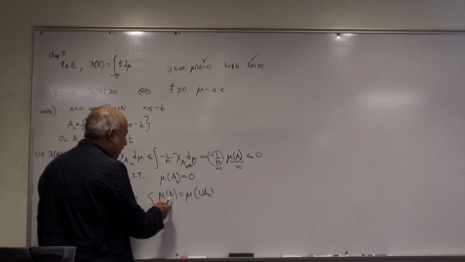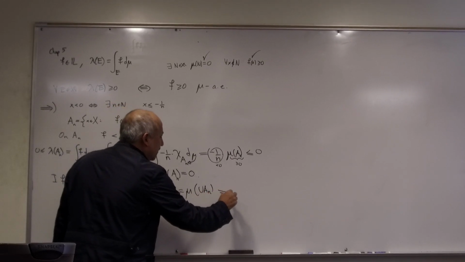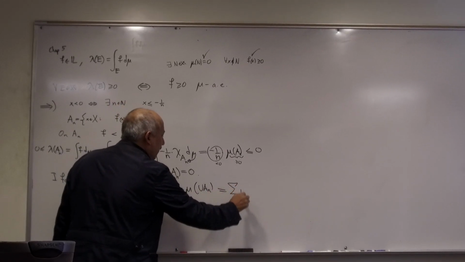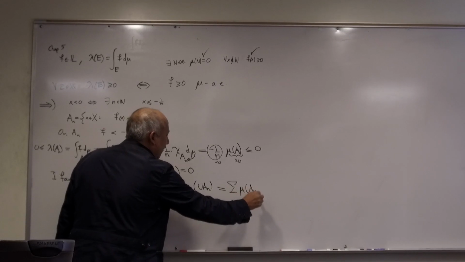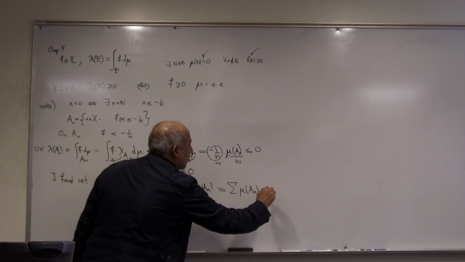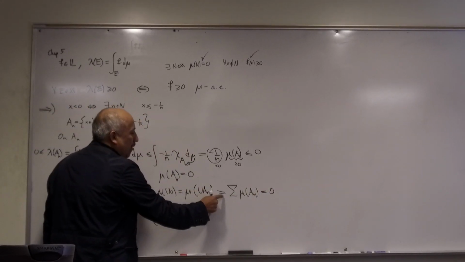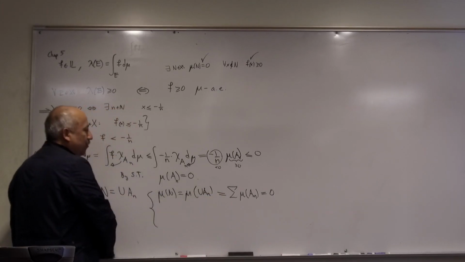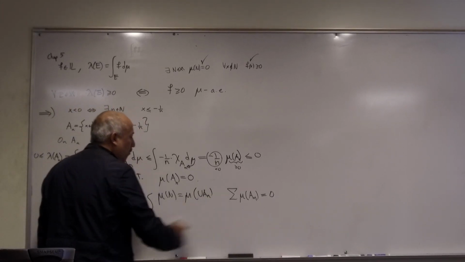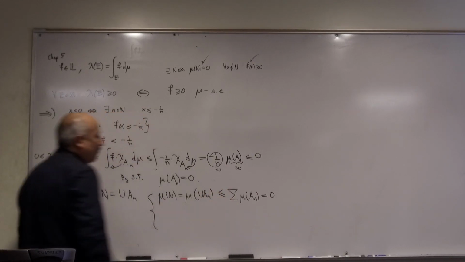So first item is the measure is 0. Some people are tempted to write here equals the sum of the measures of A_n. I say each of them has measure 0, professor, so therefore the whole sum is 0. And you're right. But that's not true unless they are disjoint, right? We don't know. But what is true for sure is that the measure of any union is less than or equal to the sum of the measures.